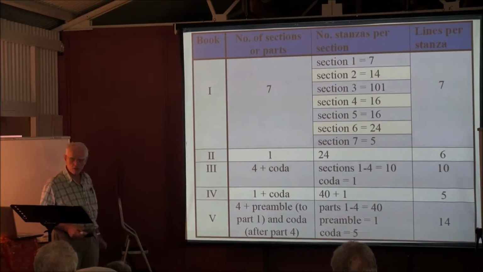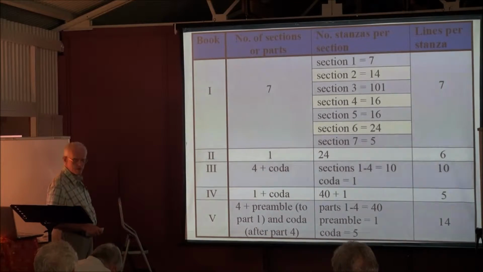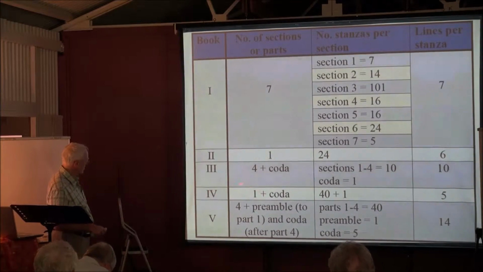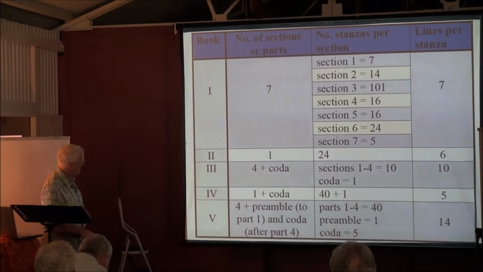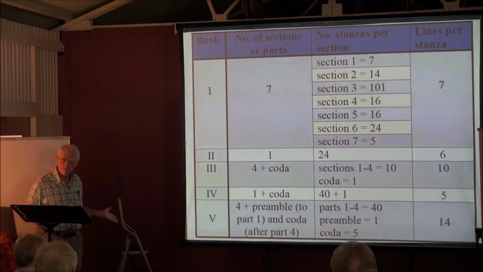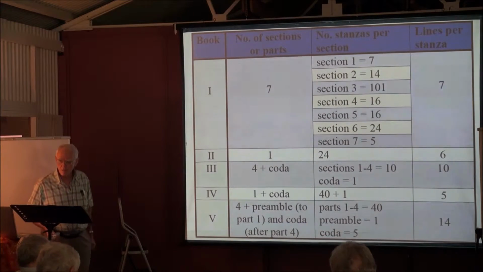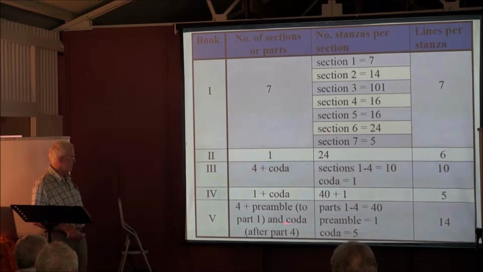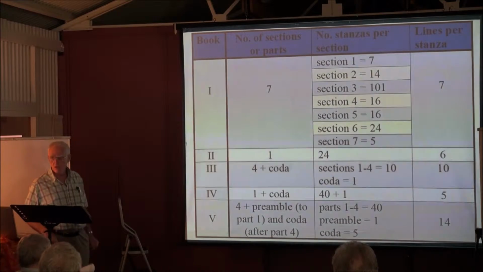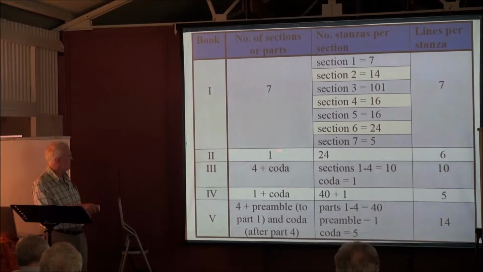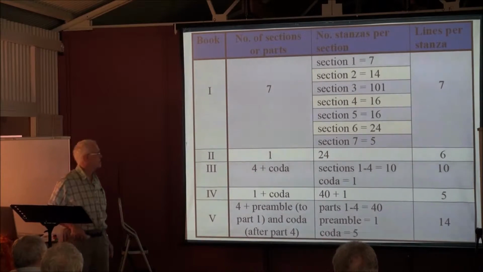He doesn't call it a coda, but I think that characterizes it well. The 4th book has 1 section and a coda, and the very massive 5th book has 4 parts. There's a preamble before the first of them, and there's a 5 stanza coda at the end. So 7, 1, 4, 1, 4 in terms of sections.